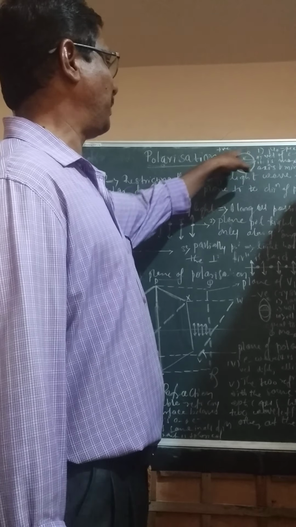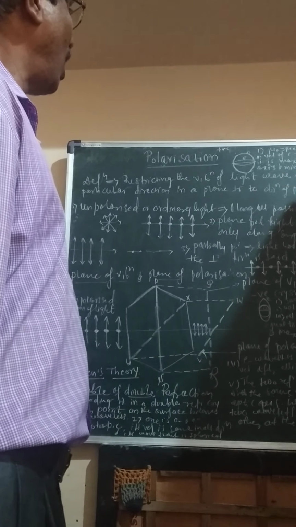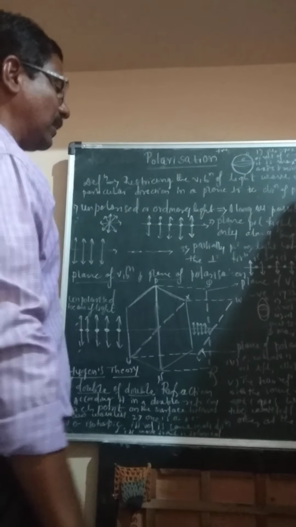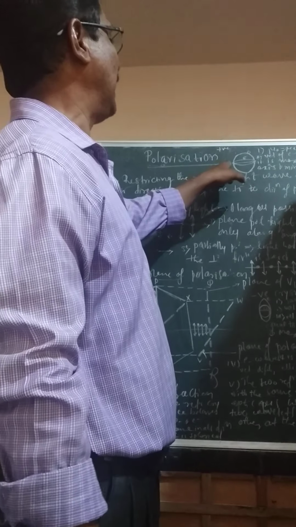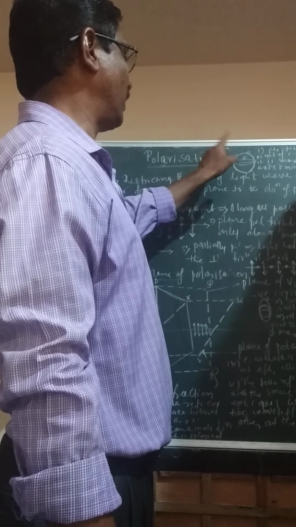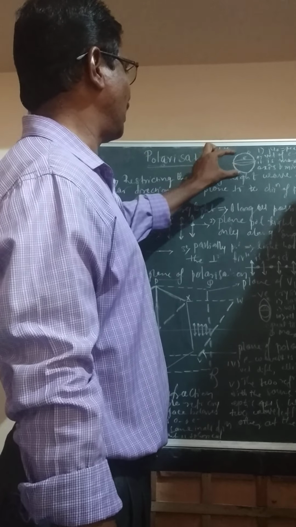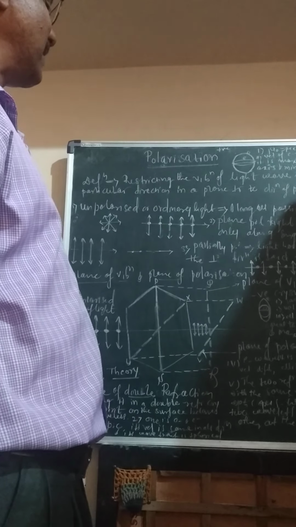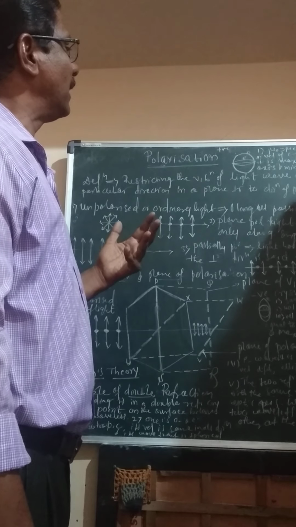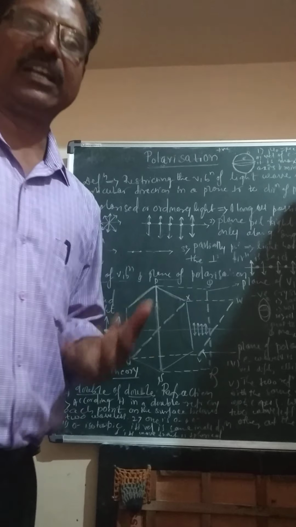The spherical wavefront as well as the elliptical wavefront touch each other along the major axis of our ellipsoid. The two wavefronts, the ordinary spherical wavefront and the elliptical wavefront, touch each other along the major axis of the elliptical wavefront. So this is the information and explanation regarding positive as well as negative crystals.